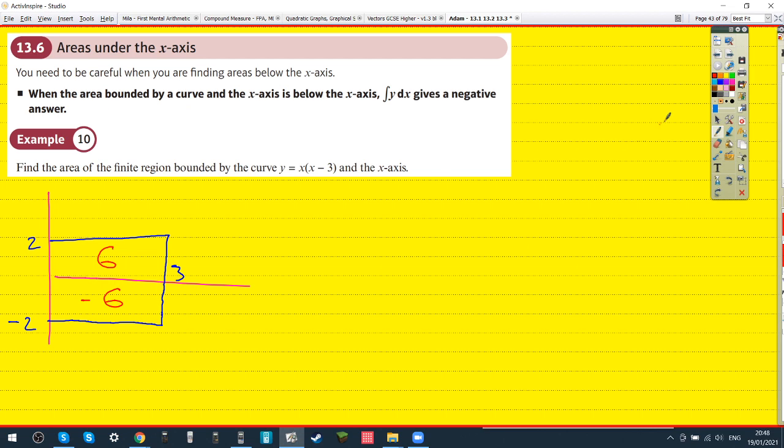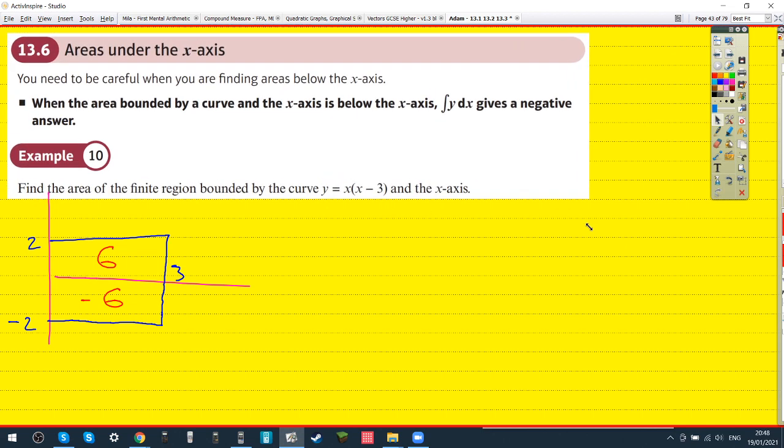All right, what is this example 10? So can we multiply x by everything in the bracket? Yeah. x squared minus 3x. Okay. And then we integrate. Which would be 1/3 x to the power of 3.